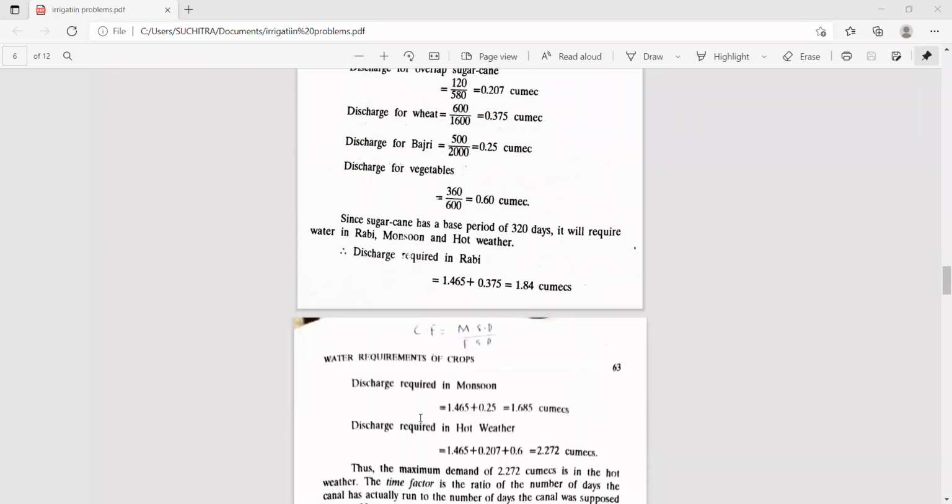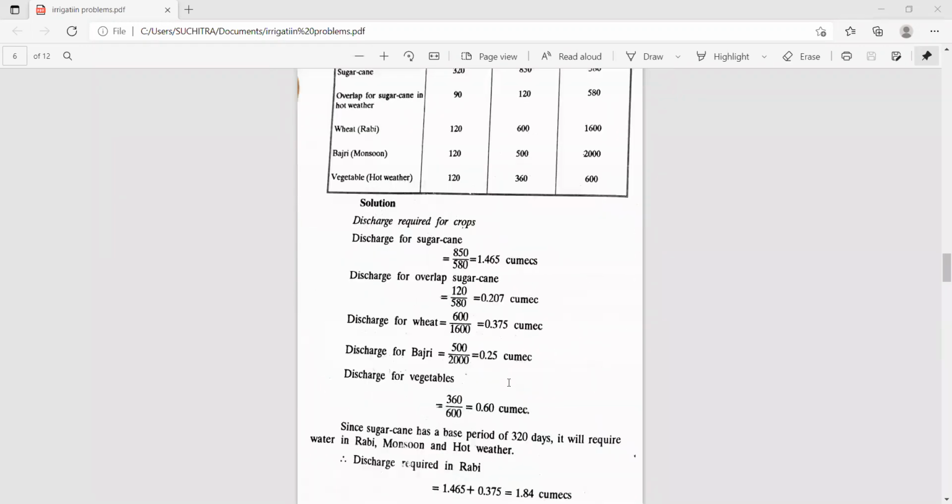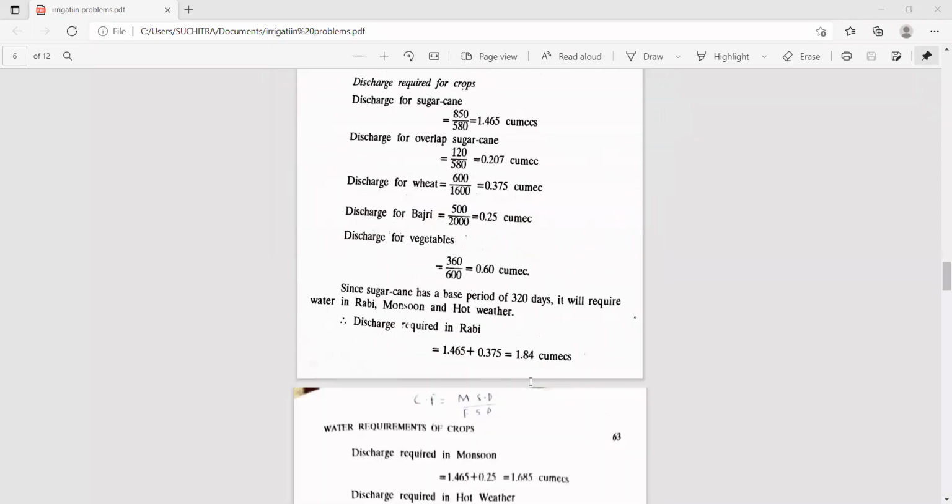And similarly, the discharge required in monsoon: bajri is a monsoon crop, and the discharge required for it is 0.25 cubics. So the discharge required in monsoon is the discharge for sugarcane, 1.465, plus 0.25, which is 1.715 cubics.